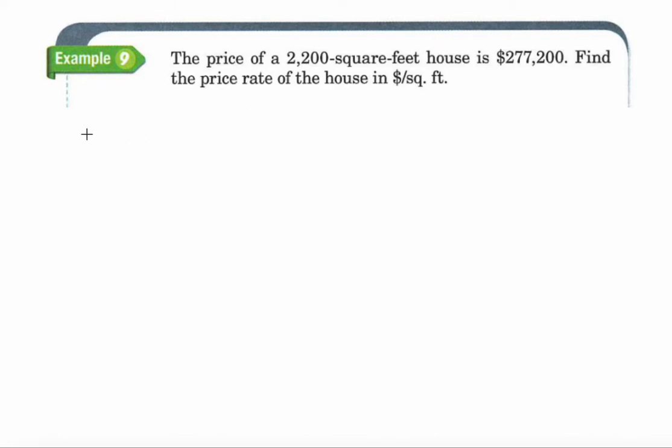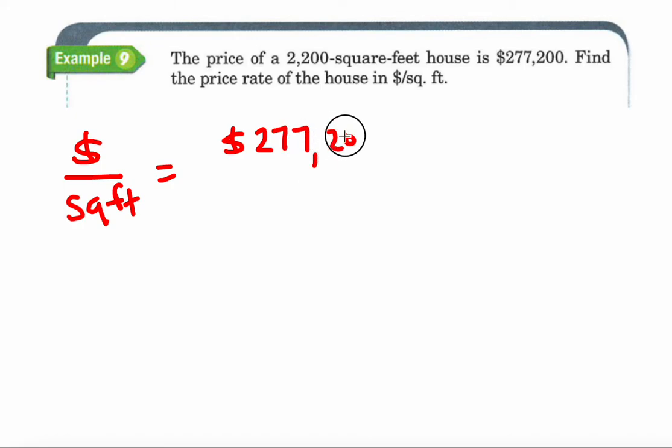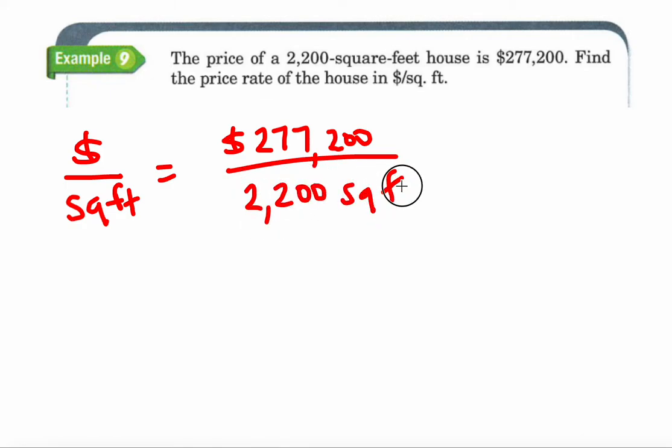Okay, so again, they're telling us they want the cost per square foot. So the cost needs to go on top, even though it's listed second, and on the bottom, the square feet, 2,200 square feet.